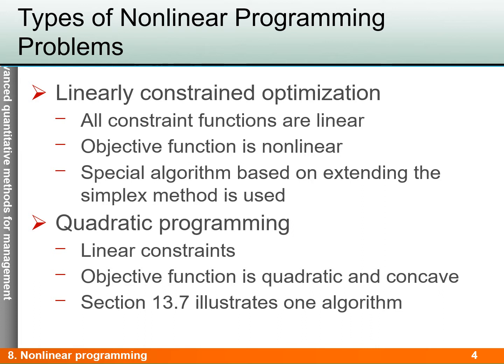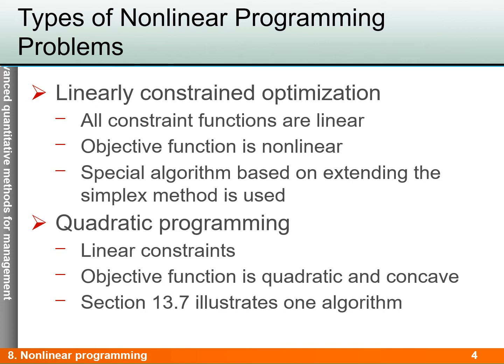Quadratic programming problems again have linear constraints, but now the objective function f(x) being maximized must be both quadratic and concave. Thus, in addition to the concave assumption, the only difference between such a problem and the linear programming problem is that some of the terms in the objective function involve the square of a variable or the product of two variables.